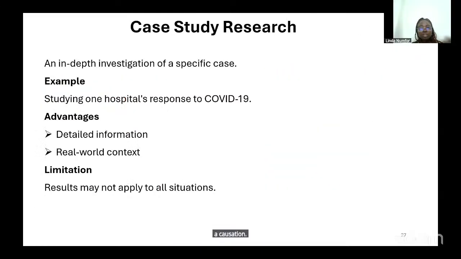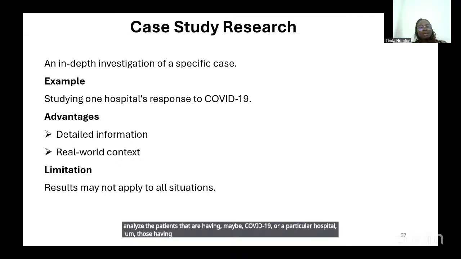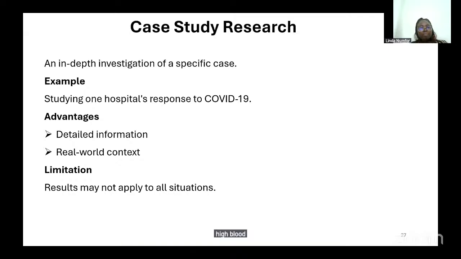Now, for a case study, you just want to have an in-depth investigation of a particular case. You go to a hospital, you will just want to analyze the patients that are having maybe COVID-19, or a particular hospital on those having high blood pressure. Not necessarily maybe 10 hospitals in a province or generally hospitals in Africa.